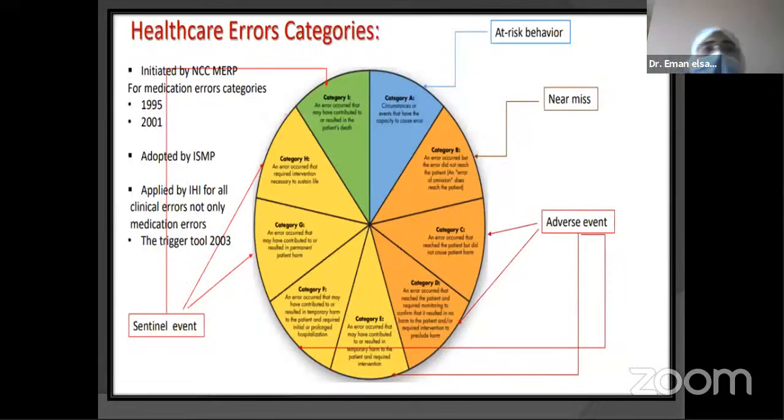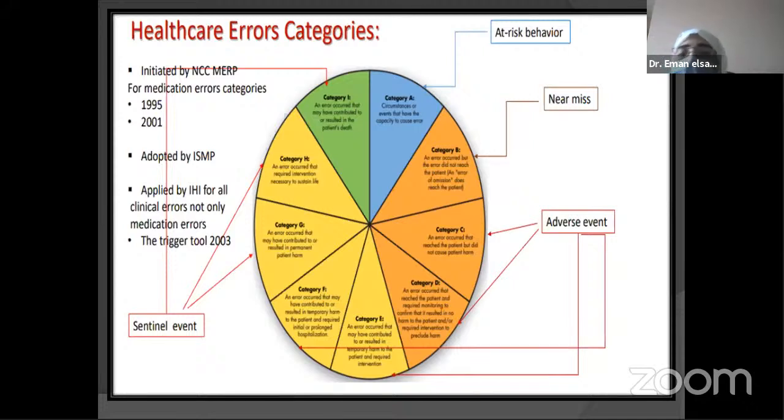These are the healthcare error categories that we already set for medication error. Also, these are the same categories for healthcare: at-risk behavior, near miss, and adverse event.